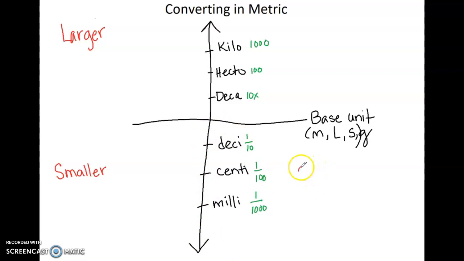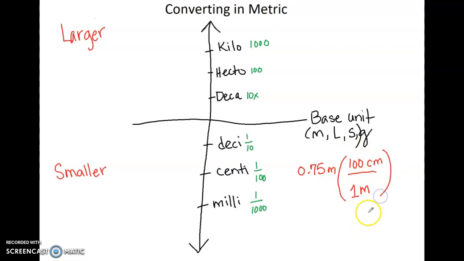I want to take 0.75 meters and convert it into centimeters. If I approach that through dimensional analysis, I want meters on the bottom, centimeters on the top, and I want to put what the metric conversion is. So in every 1 meter, there is 100 centimeters.